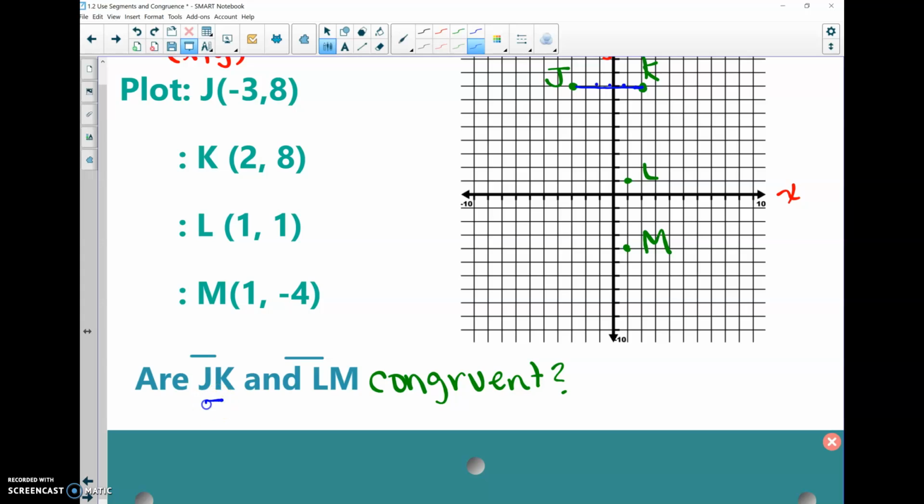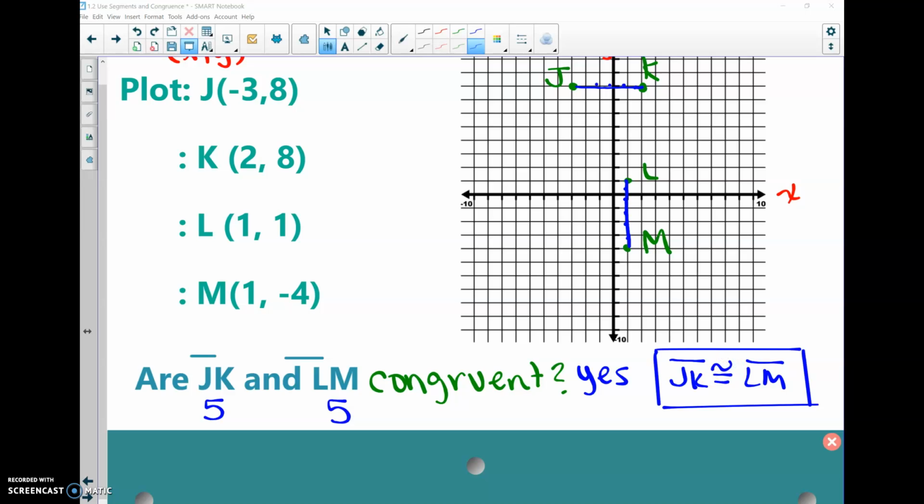So JK's length is 5. How about LM? 1, 2, 3, 4, 5. So yes, the answer is yes. So JK and LM are congruent. The symbol for congruent is an equal sign with this squiggle on top.